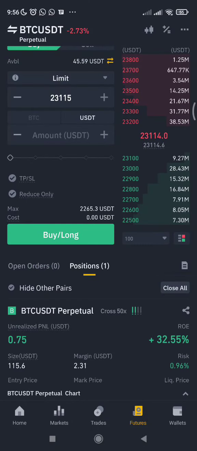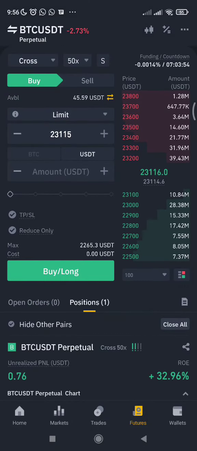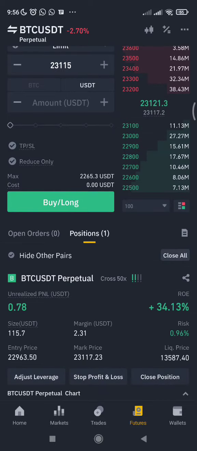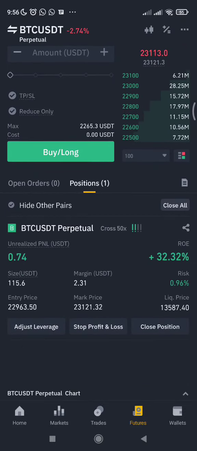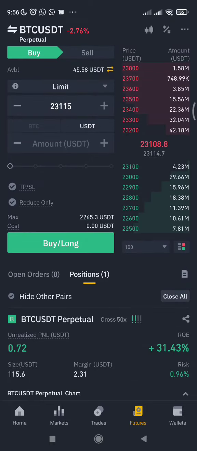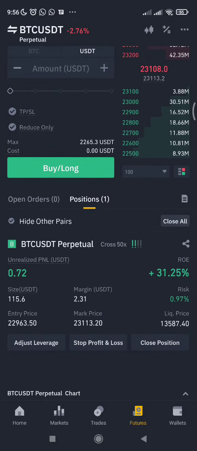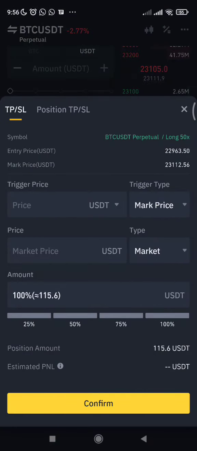I'll show you how to place your stop loss and take profits in your open trades. Alright, so according to your signal, I think the signal I gave out wasn't specific about the take profits and the stop loss. According to your signal, you will see TP ratings and some numbers given, some targets.